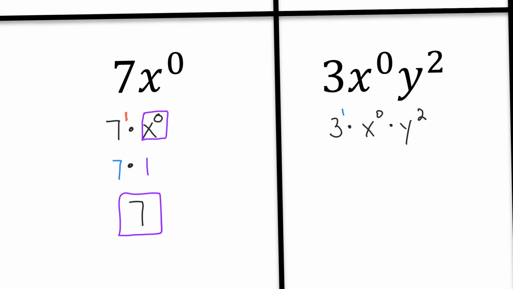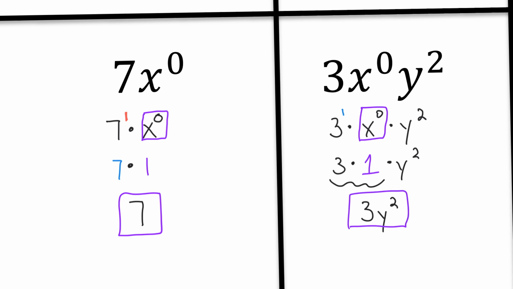So 3 to the first power is 3. This right here, x to the 0 power, that's the one that turns into 1. So I'm going to multiply by 1. And the next one, you have a y squared. Now you multiply everything together. 3 times 1 right here, that's 3, times y squared is just 3y squared. So my answer is right here.